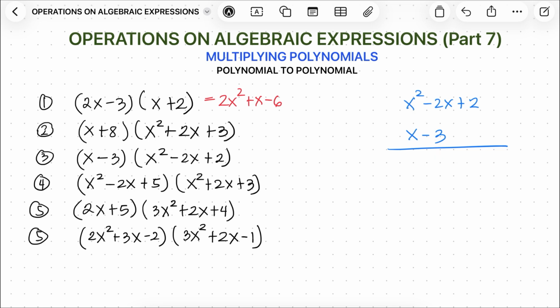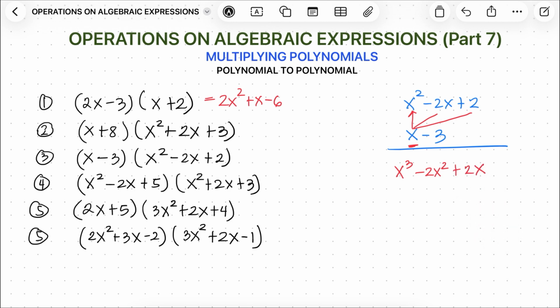So let's start with x. So x times x squared, that will be x cubed. Next one will be x times negative 2x, that will be negative 2x squared. Next will be x times 2, that will be positive 2x.